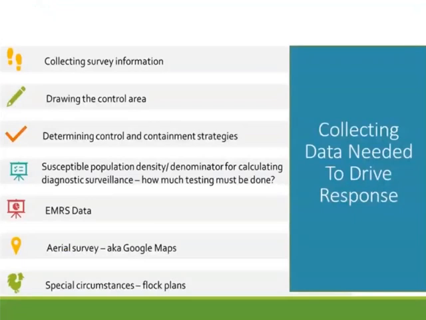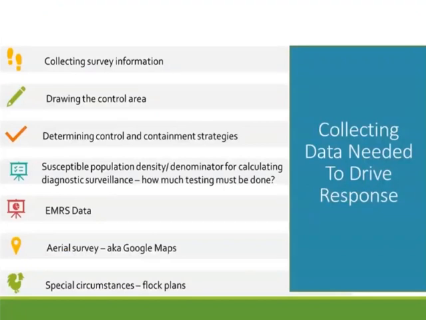Okay, so what other public interface do we do? A lot of public interface for us in California is collecting survey information, and we need that survey information for driving the response. We need to understand where to draw those control area lines. We need to determine what our control and containment strategies are based on where the susceptible populations are.